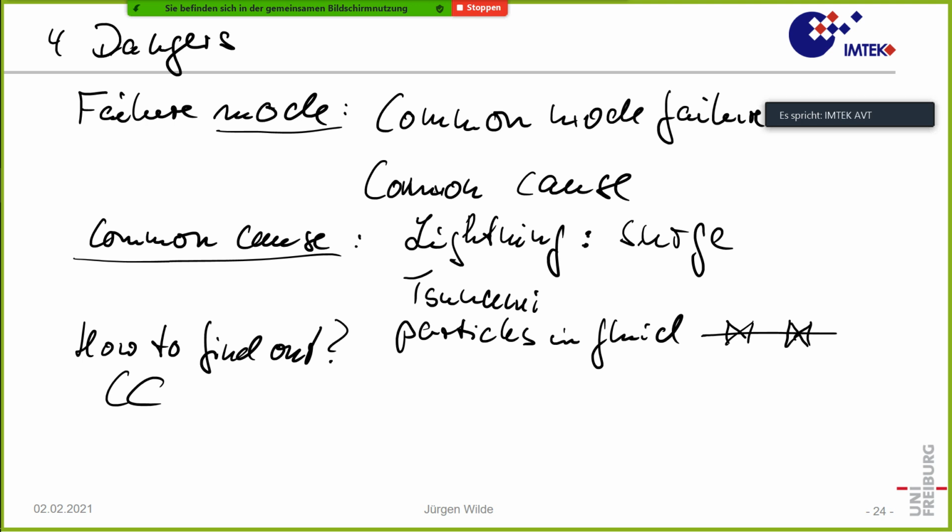Question: how can you find out which common cause can be there? How can you find it? Is it just to guess, or what would you do?